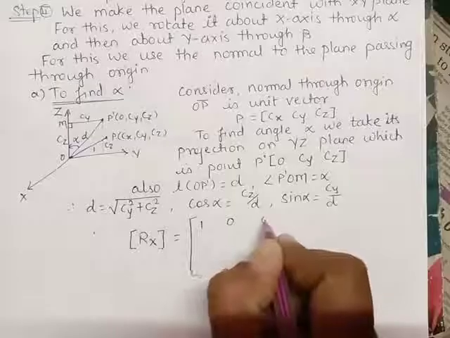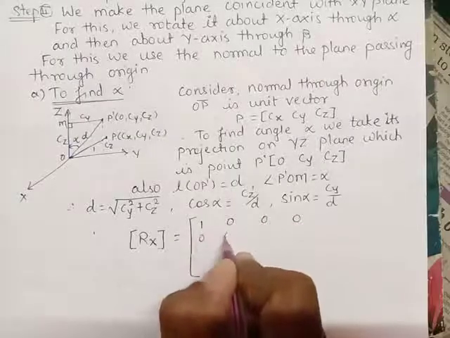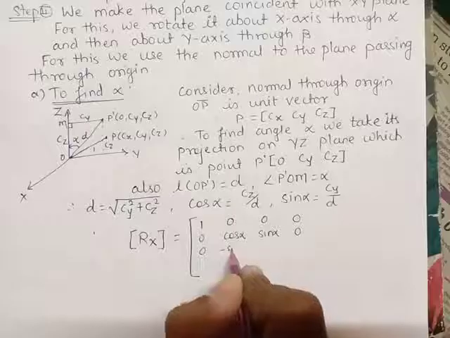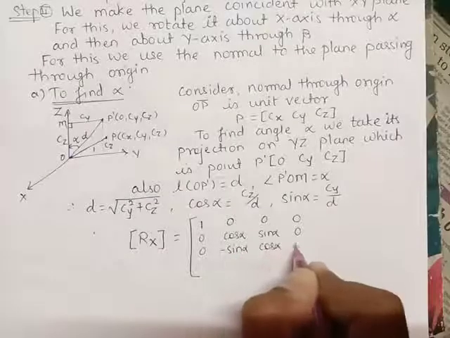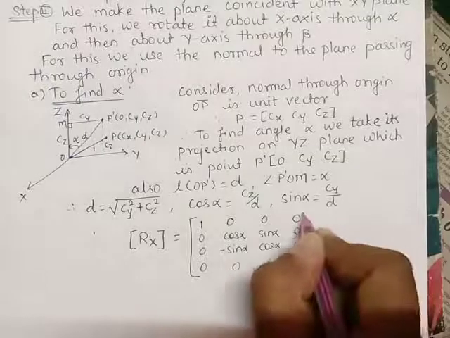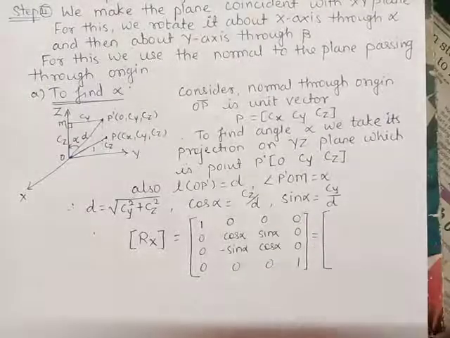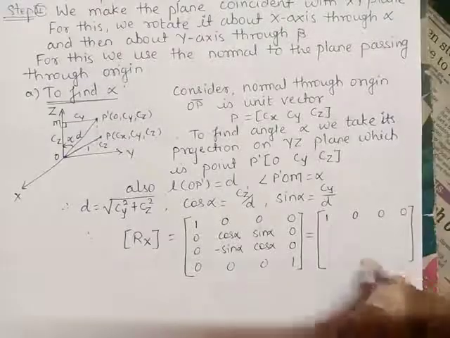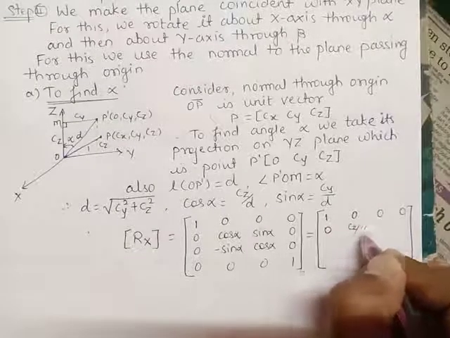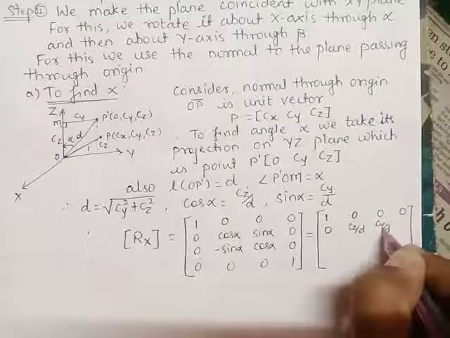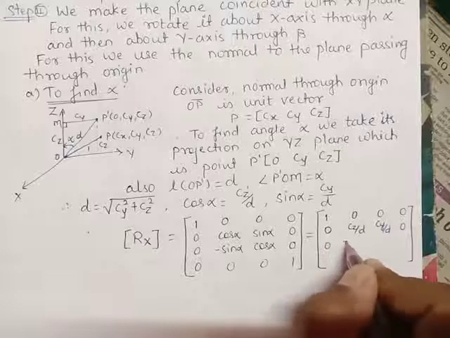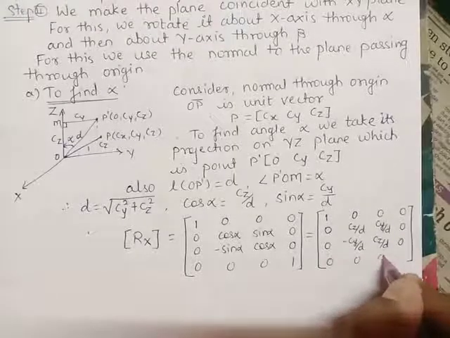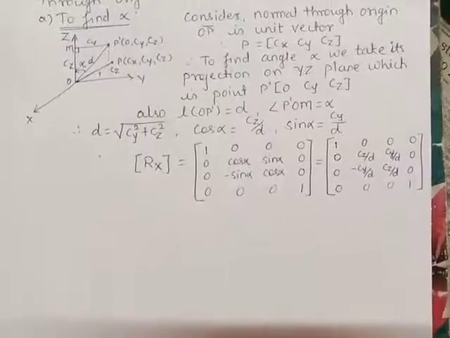So 1, 0, 0, 0, 0, cos alpha, sin alpha, 0, 0, minus sin alpha, cos alpha, 0, 0, 0, 0, 1, and that is equivalent to 1 0 0 0, 0, Cz upon d, Cy upon d, 0, 0, minus Cy upon d, Cz upon d, 0, 0, 0, 0, 1, right? This is our matrix of rotation there.